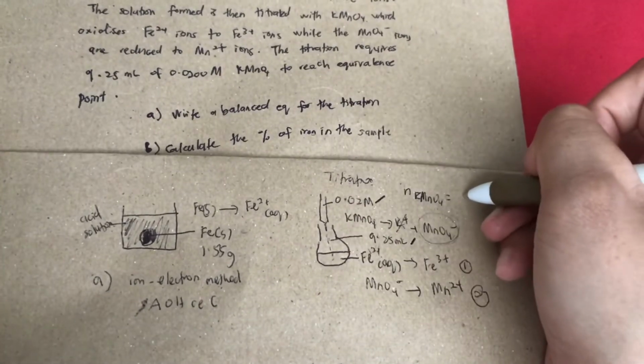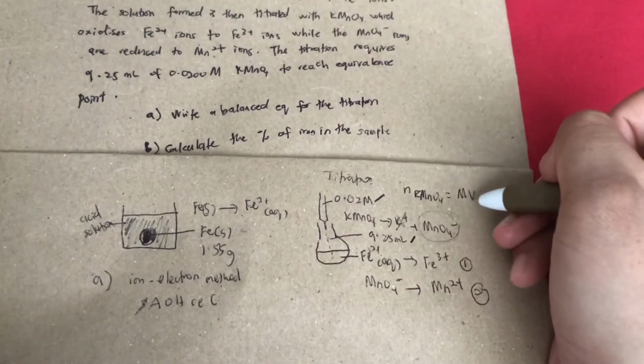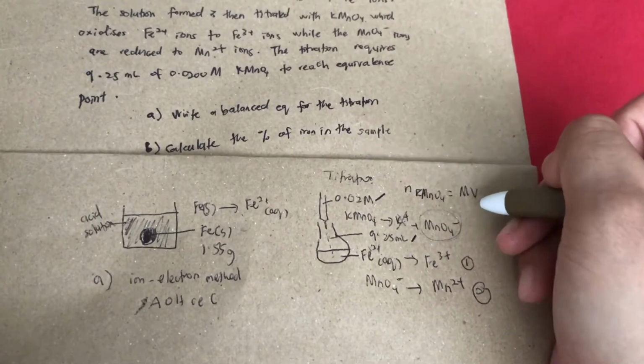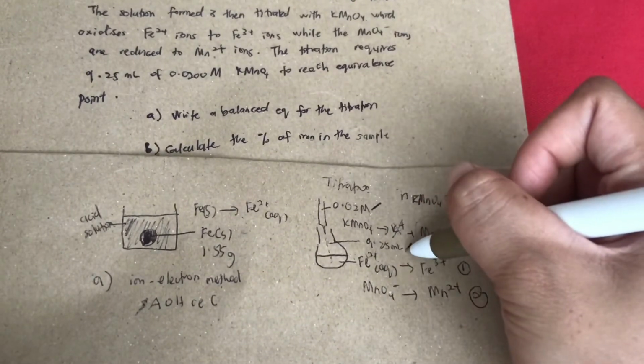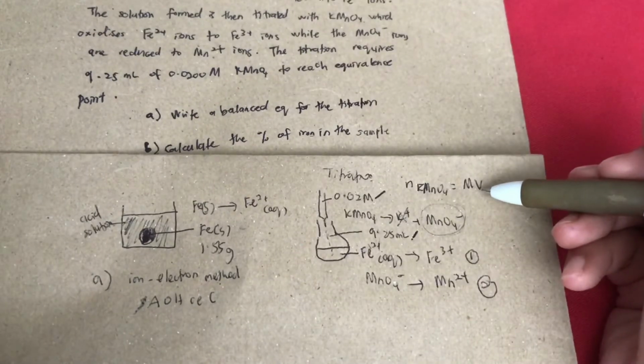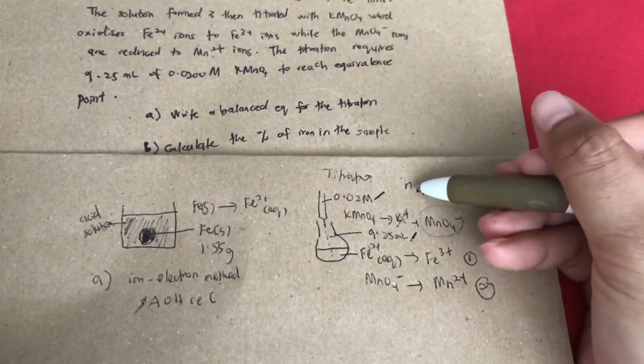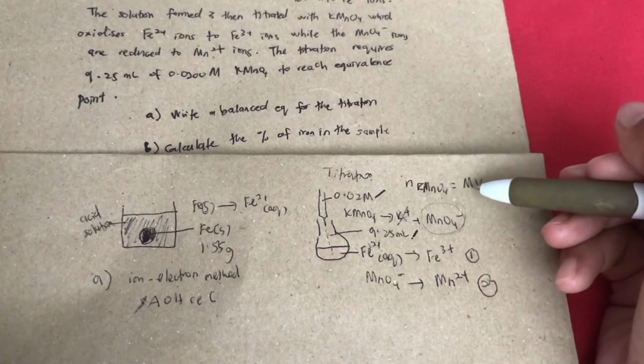Just remember that the volume here is in liters, so you have to convert this value and put it in this formula, and you will get the number of moles of KMnO4.